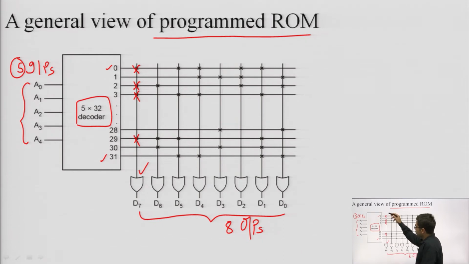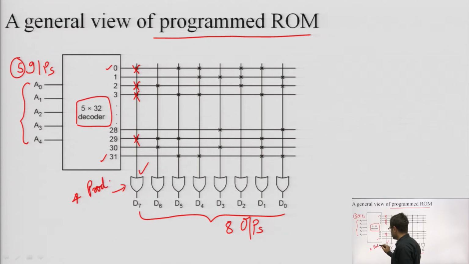So this OR gate will have 4 minterms: M0, M2, M3 and M29. There will be 4 product terms which are entering this D7.